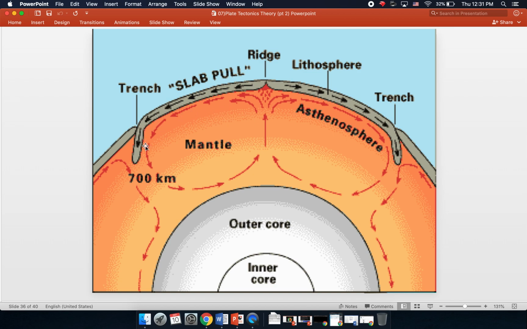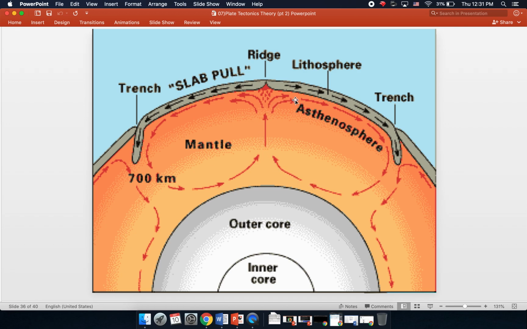And here, at these subduction zones, the oldest part of the plates are being forced back down into the asthenosphere, where they are melted and recycled into magma. I've already explained how the magma here gets heated and rises.